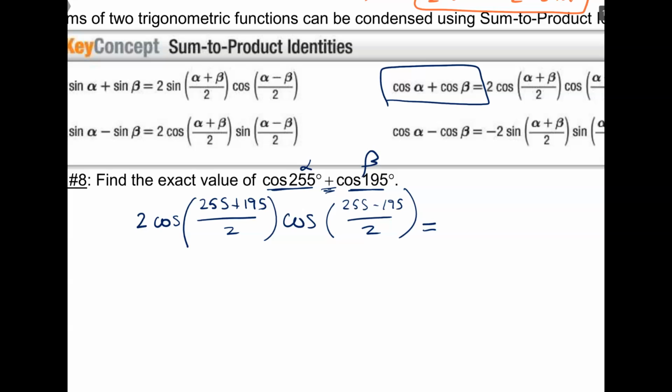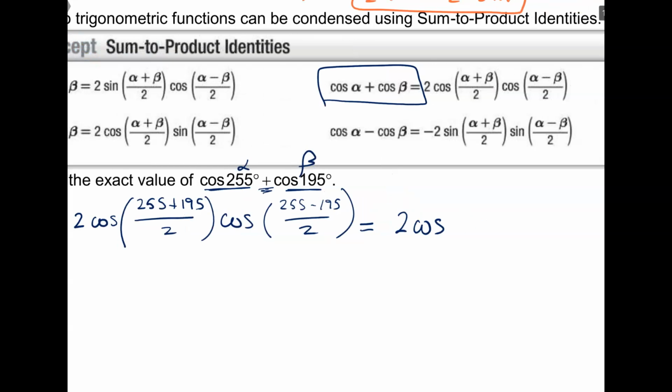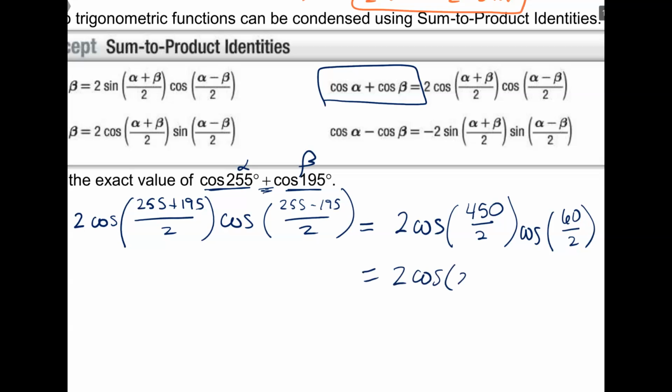Okay, so I have 2 times cosine of (255 plus 195), which is 450, over 2, times cosine of 60 over 2. So that's just 2 times cosine of 225, times cosine of 30, which are reference angles, so you don't need a calculator for this.